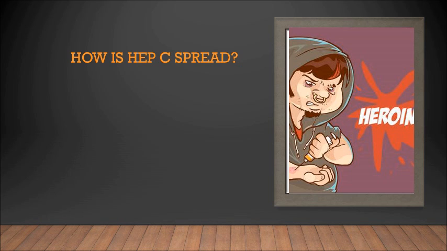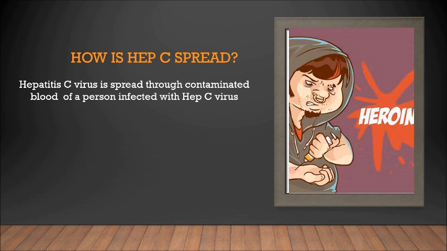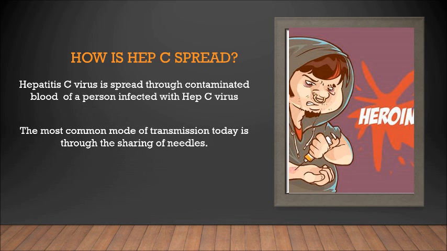So how is hepatitis C spread? Well, the virus is spread through contaminated blood from a person infected with the hepatitis C virus. The most common route we see today is through the sharing of needles or syringes. What are some other ways that hepatitis C can be spread?